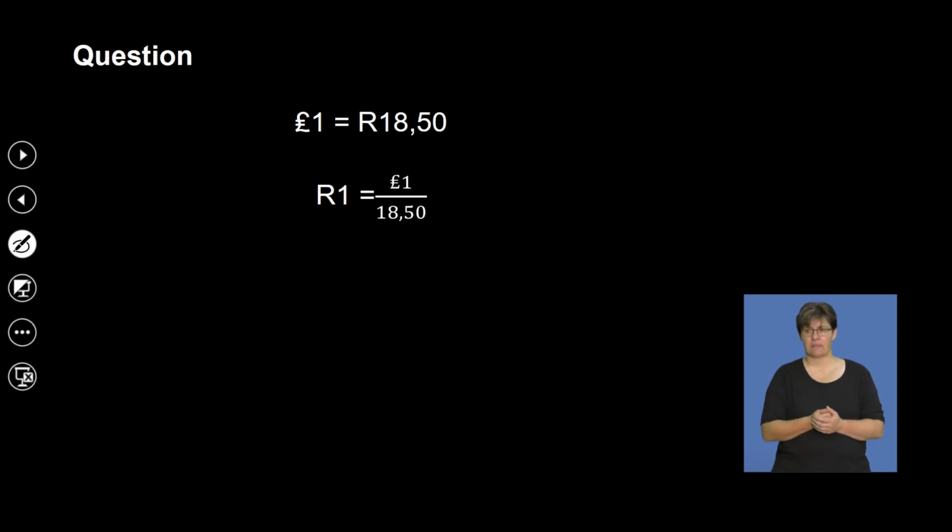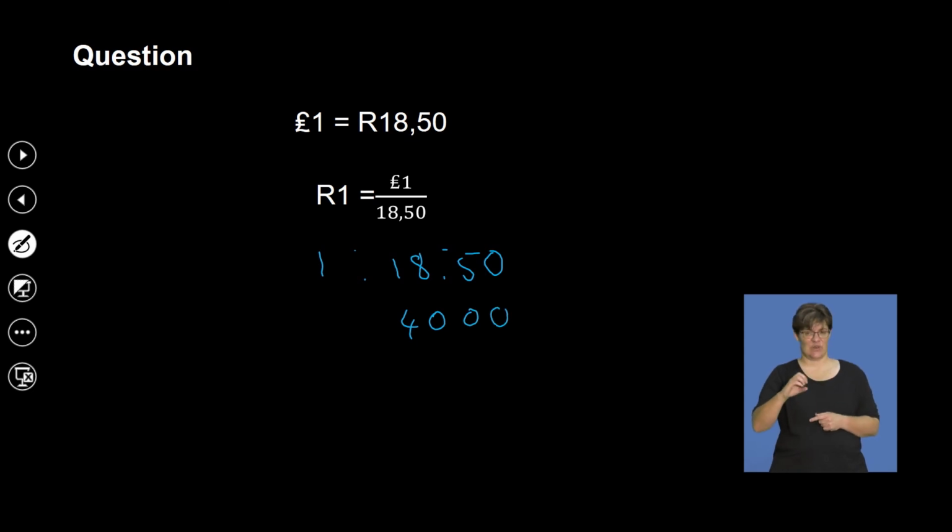So it means this is 1 is to 18 rands and 50 cents, and she has 40,000 here, and we want to find what this X is, right? So you can use something like a fraction type of thing where it's a ratio. That's how you can then try to find it.